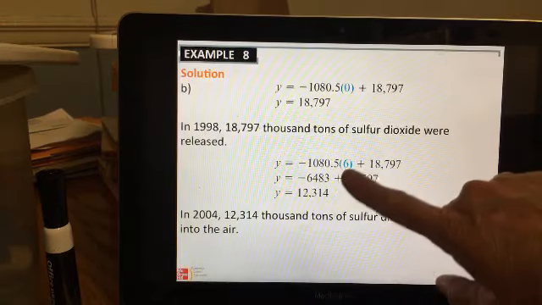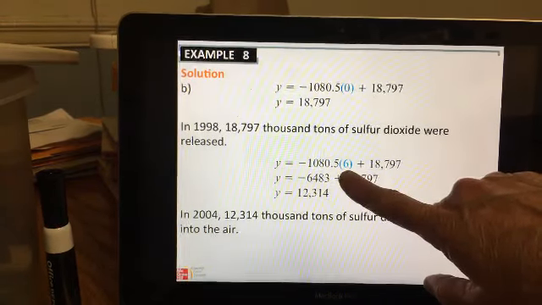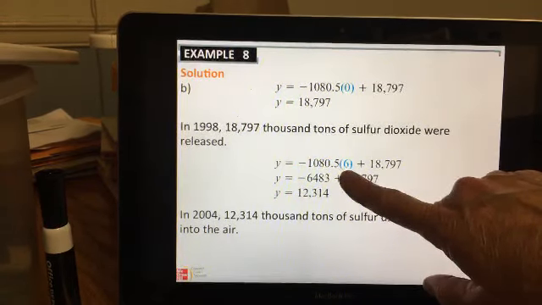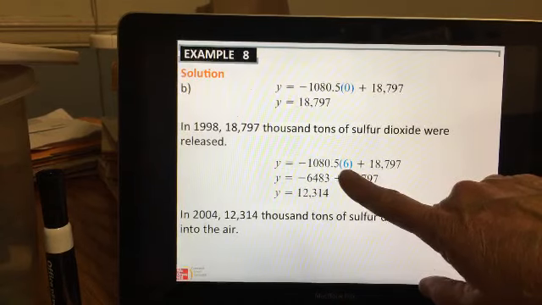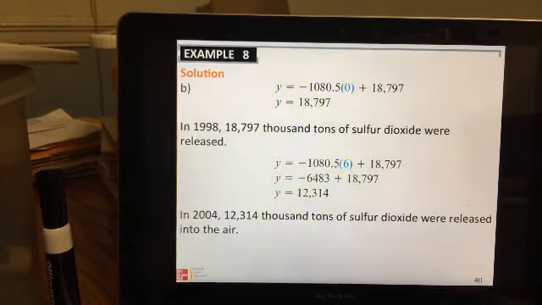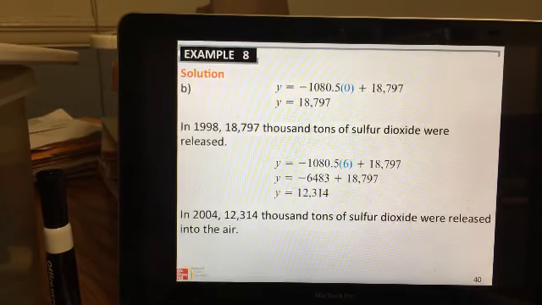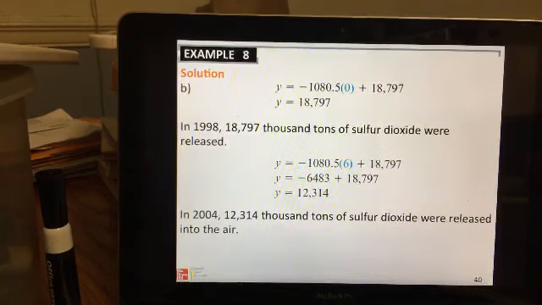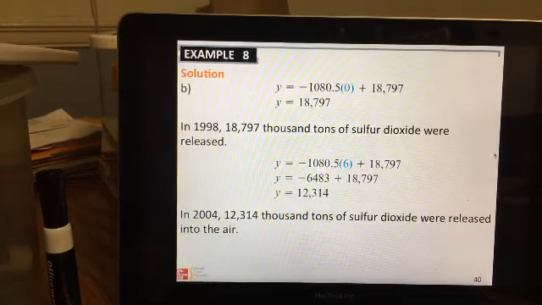And then in 6 years, which is 2004, 1998 plus 6, we should have 12,314 thousand tons of sulfur dioxide. So that's just an application problem of modeling using a linear equation.